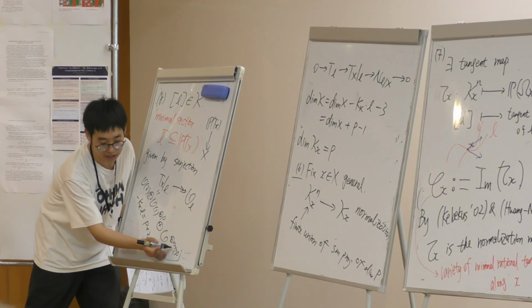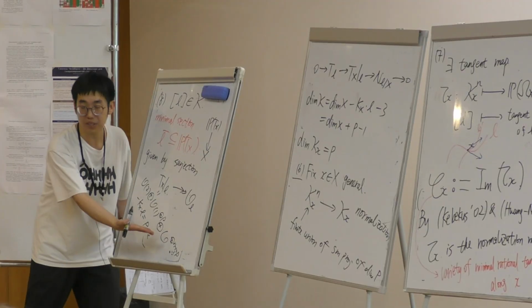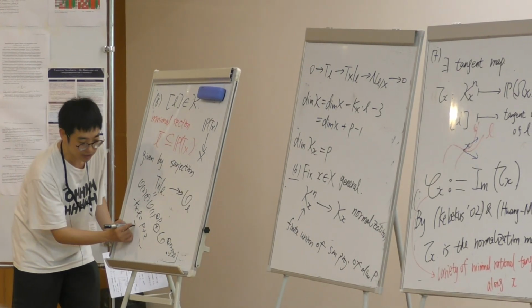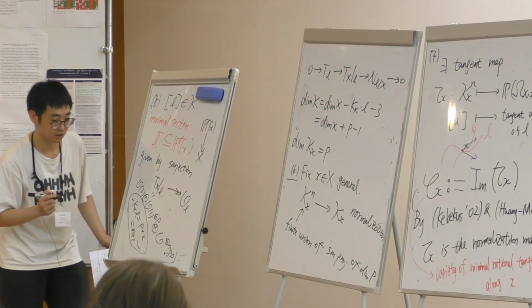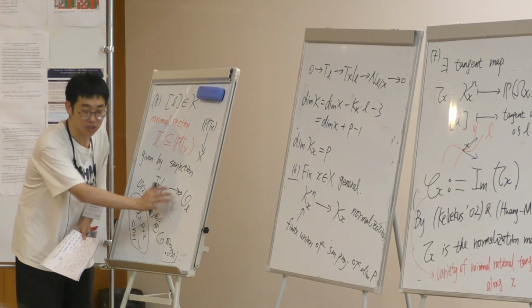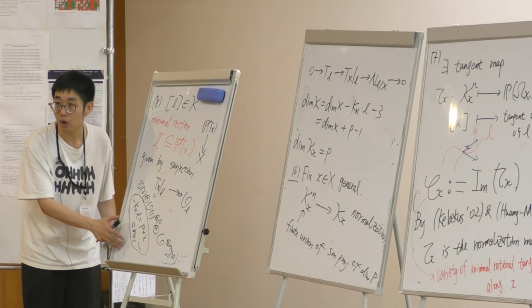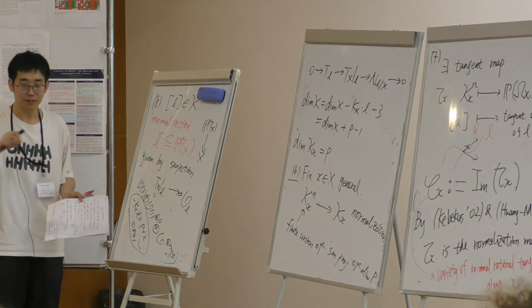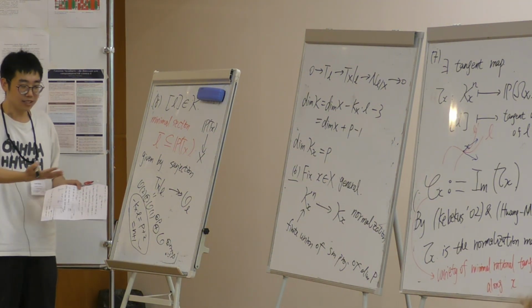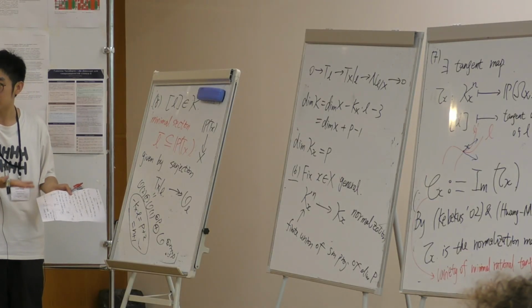And if this vanishes, so this is 0, then p is equal to n minus 1, so this is equal to n plus 1. What does it mean? When we do not have such a quotient, then this is 0 and this is n plus 1. So you find some rational curve with intersection with the anti-canonical divisor equal to n plus 1, then this has to be projective space.